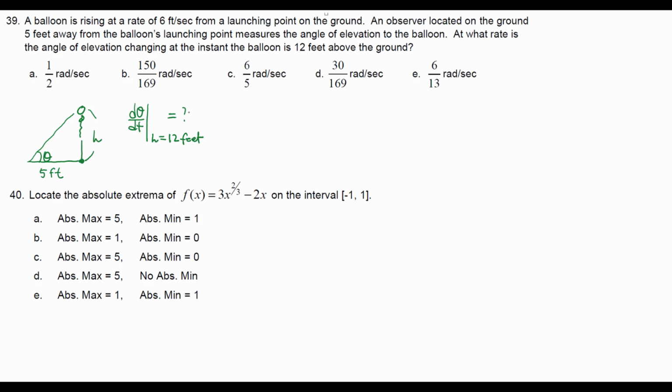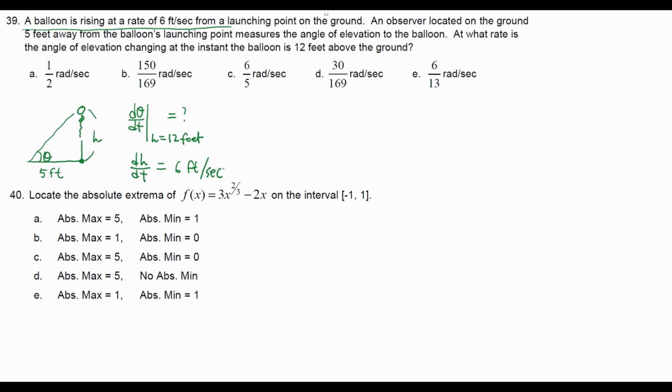And what was given at the beginning? The balloon is rising at the rate of 6 feet per second. So dh/dt is given, and because it is increasing, it is a positive number, 6 feet per second. All right, and I have to find d theta/dt. So what is a good equation that would include theta and h, and knowing the distance is a fixed number 5?